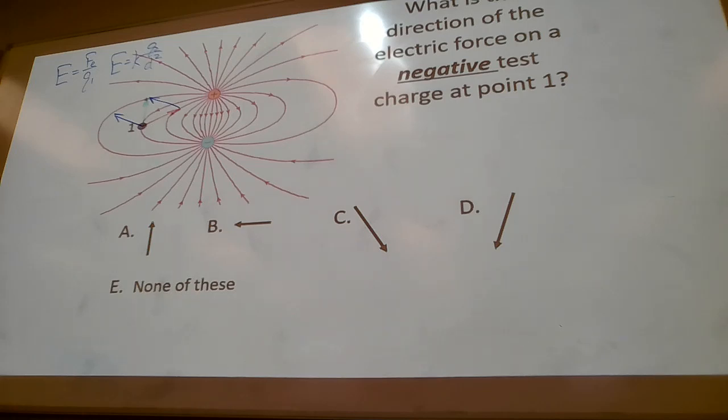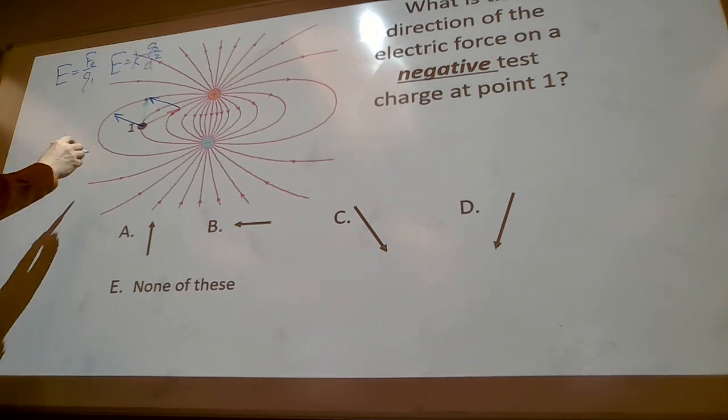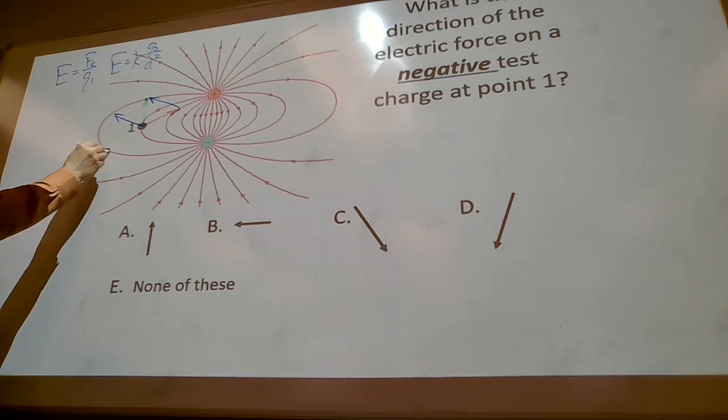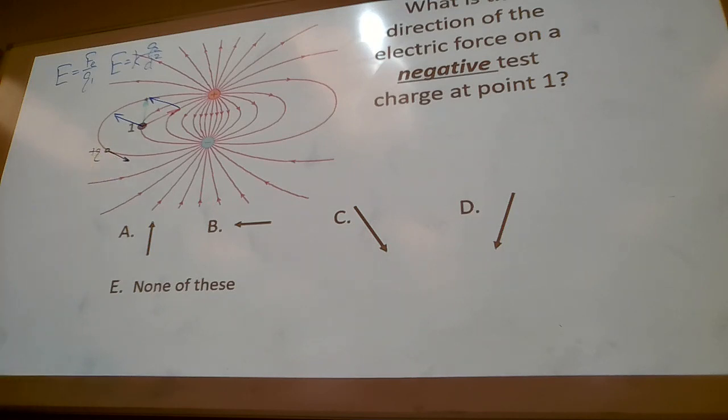It will be tangent to the electric field lines. So Mega, this is getting to your question that you had. If this was a positive test charge, then the net force would be directed that way, tangent to the electric field lines.